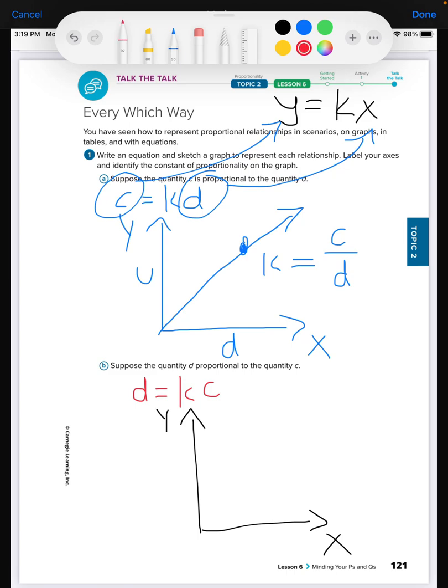Well, in this situation, D is in the y spot. So D would be right here, and C is in the x spot, so C would be right there. And then if we draw a proportional line, it goes through the origin and then straight. And then K would equal y, which in this case is D, divided by x, which in this case is C. All right, so that is what this page is asking us to do.